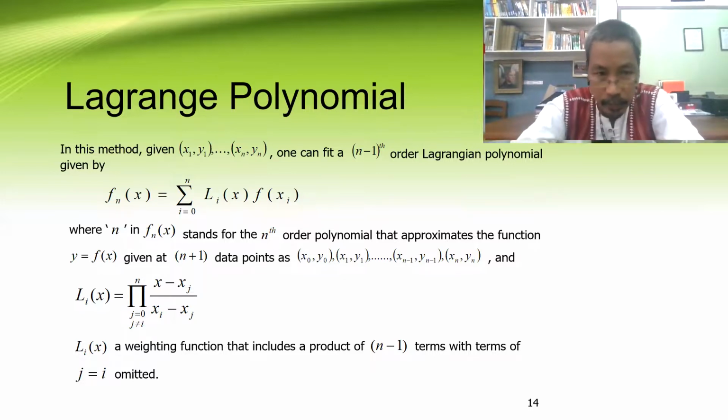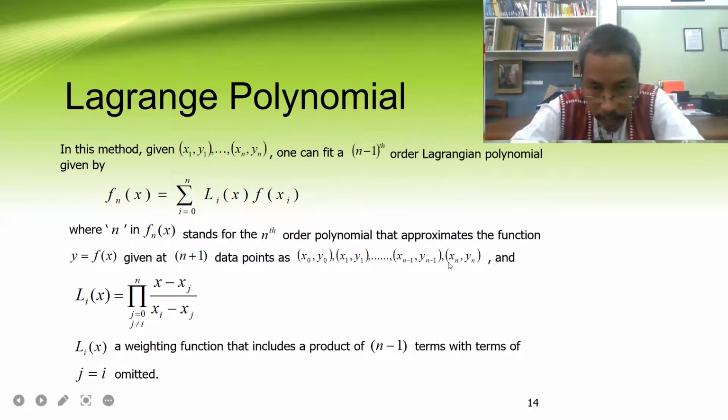So therefore, our i is from 0 to 2. Okay. For example, here, you'll notice N plus 1 total data.